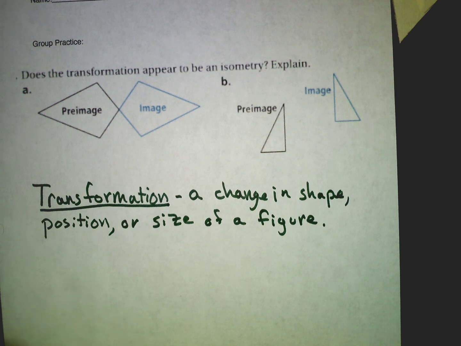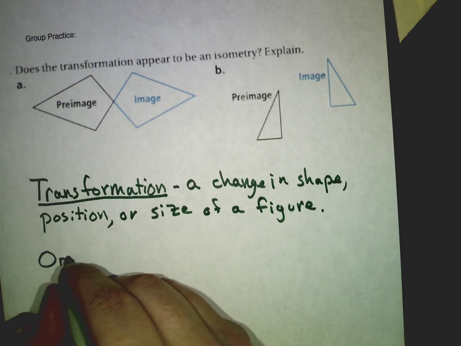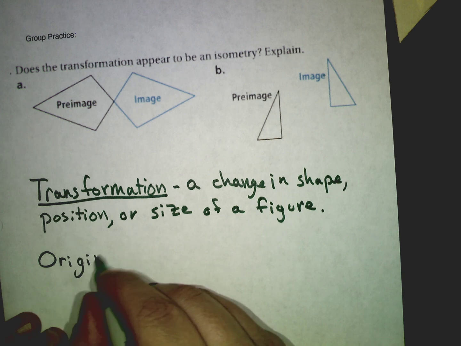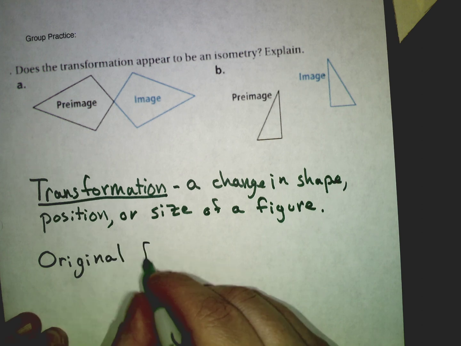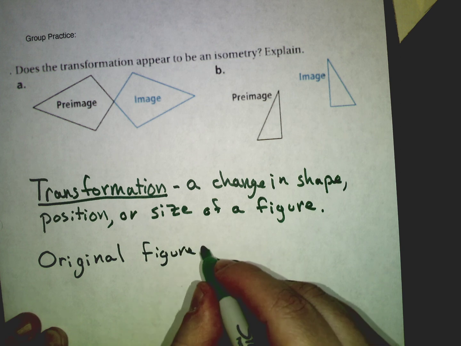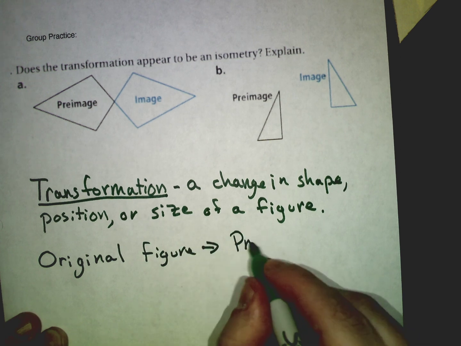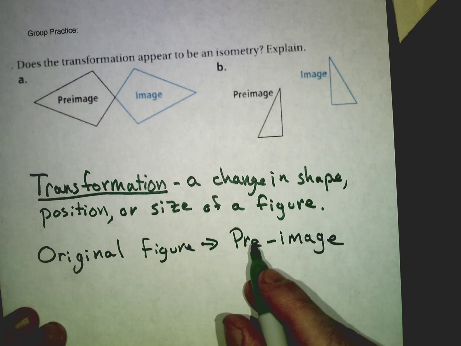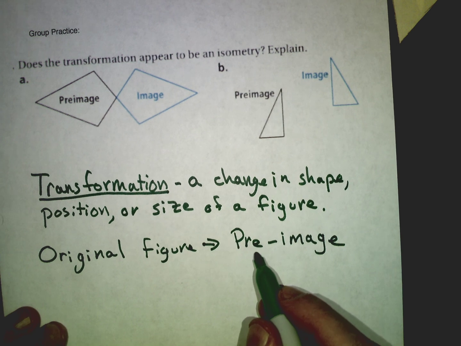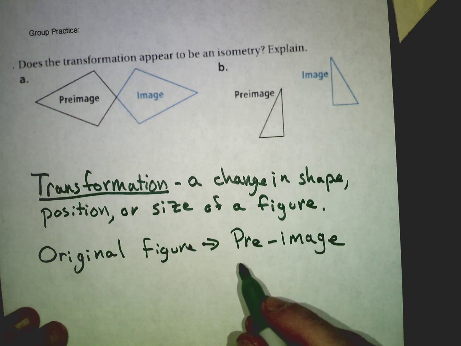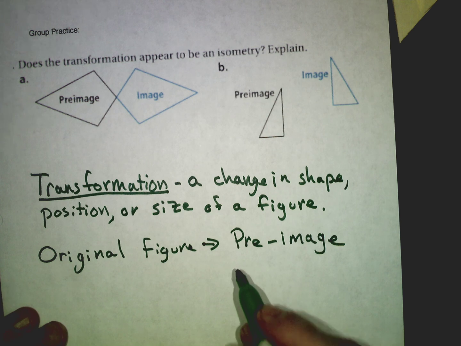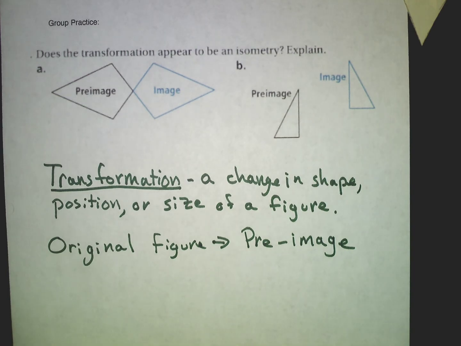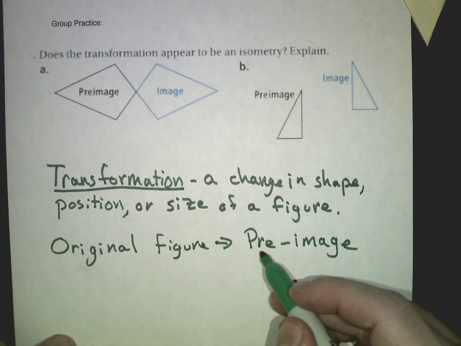Now, the original figure, so if I'm going to do a change, the first thing, the original figure, we call the pre-image. Now, pre-image, if we ever think of preview, previously, previously means first.